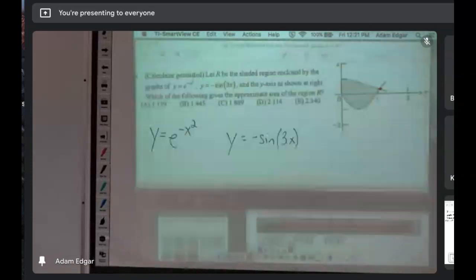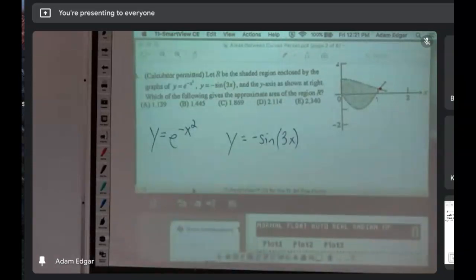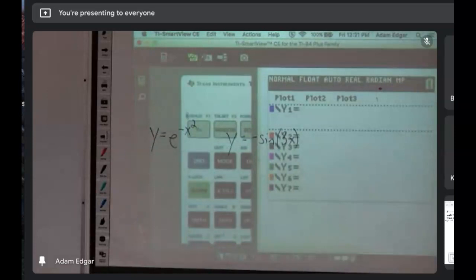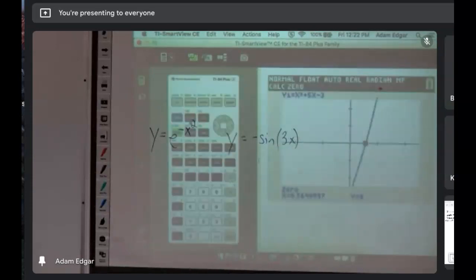So what is this? E to the negative x squared and negative sine of 3x. Also, make sure your calculator's in radians.